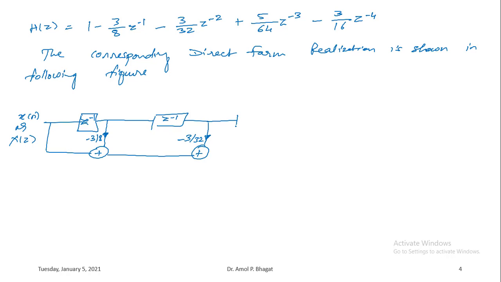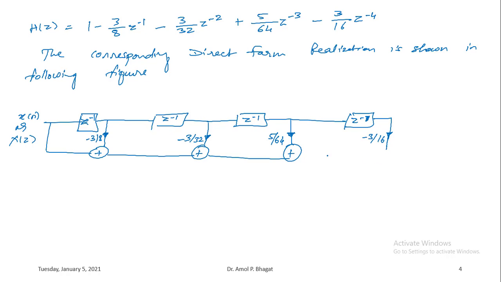Similarly, third delay element, z inverse, again a constant multiplier will be required, that is 5 by 64, these terms will get added. Finally, this last delay element, okay, there is z inverse again multiplied with a constant, that is minus 3 by 16, then this will get added here. Okay, and this output is nothing but y of n or y of z.